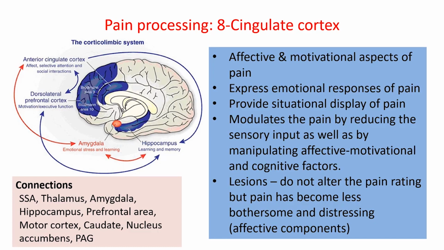Precisely, it modulates the pain by reducing the sensory input at the sensory cortex, as well as altering the affective, motivational and cognitive components associated with the amygdala, hippocampus, prefrontal cortex. It will suppress that, or modulate that depending upon the context.